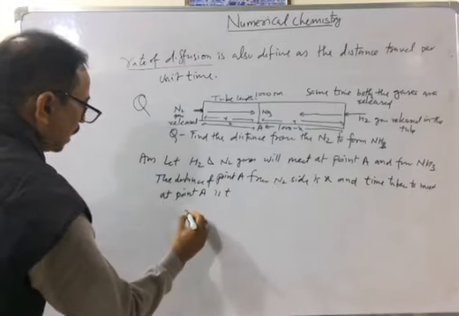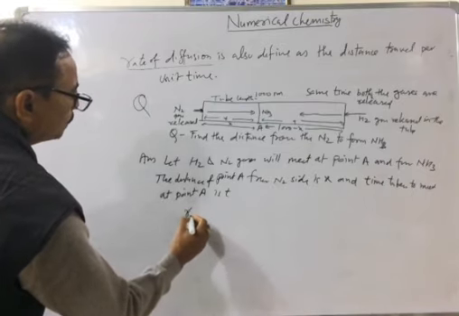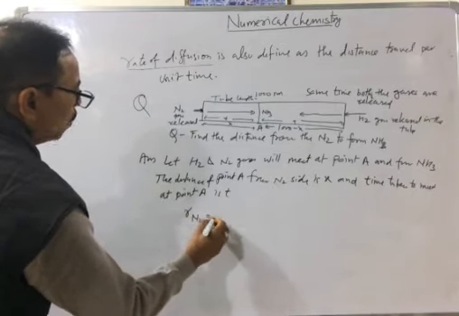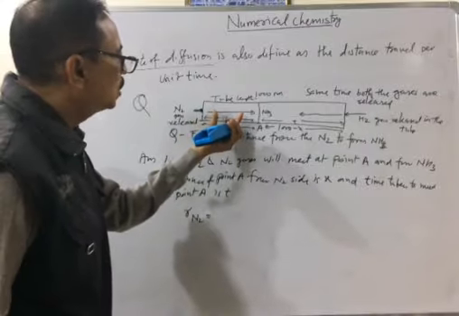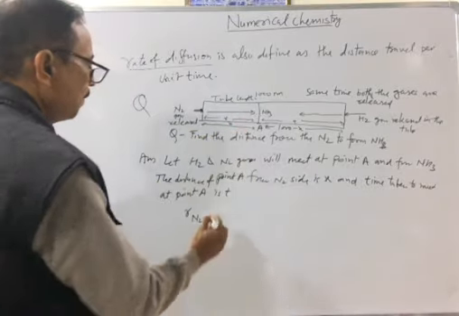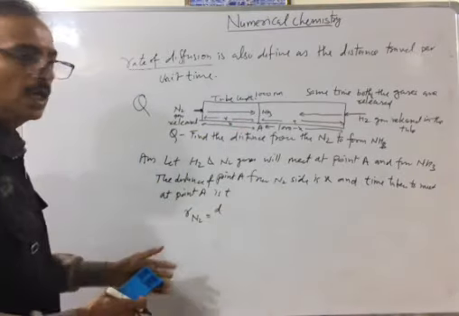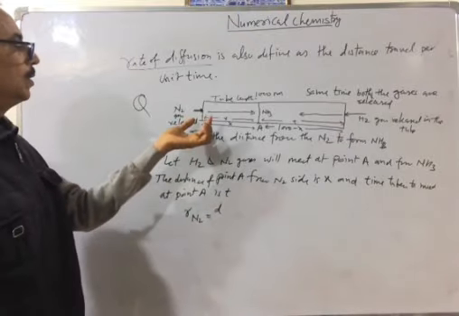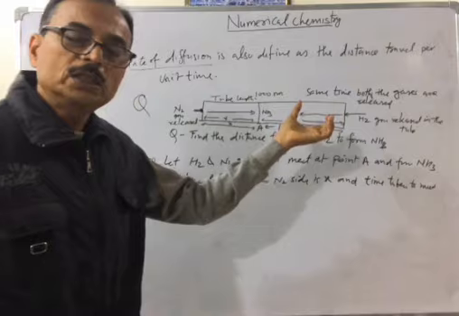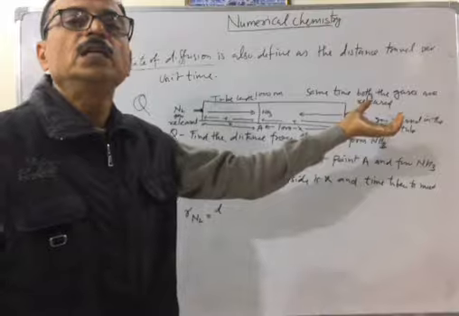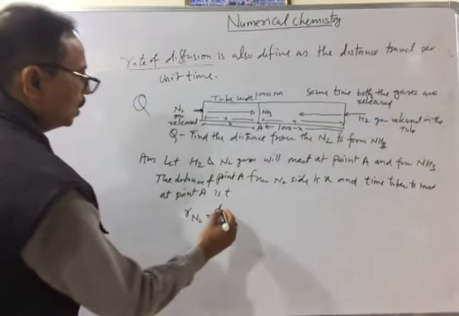So the rate of diffusion of nitrogen is the distance traveled divided by the time. The gas which travels more distance is diffusing faster.